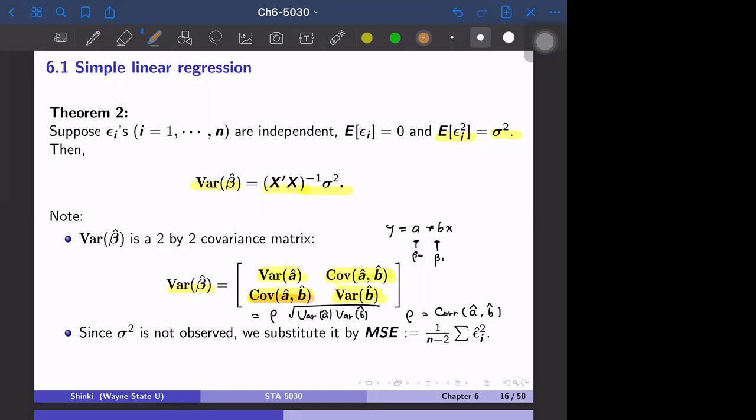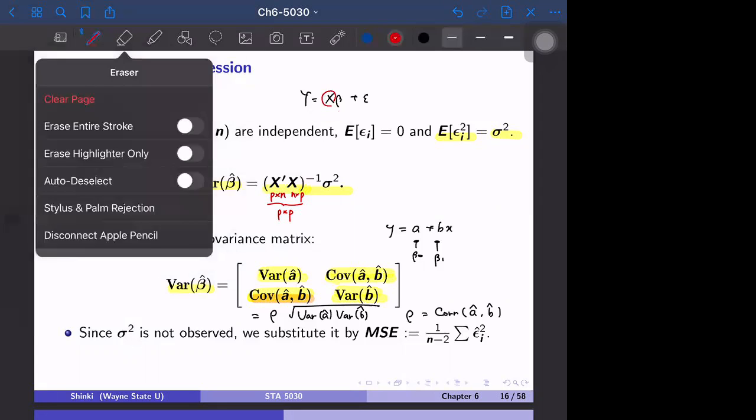And you can see that y is equal to X beta plus epsilon, and X is an n by p matrix, where p is the number of parameters. So X transpose X is p by p, since this is p by n times n by p. And sorry, to be exact, p is 2.